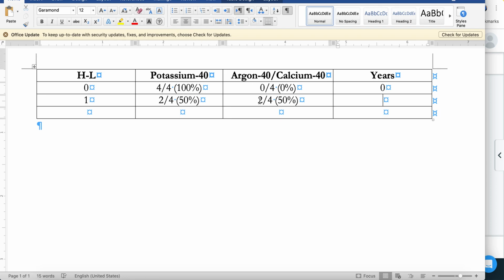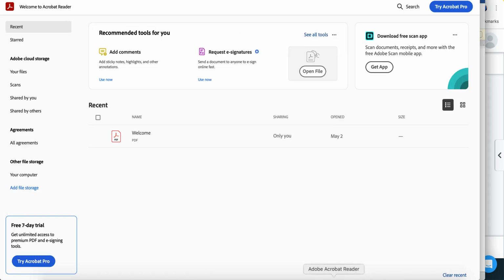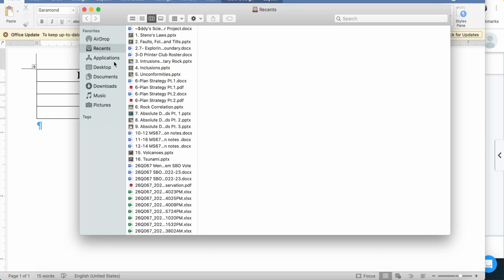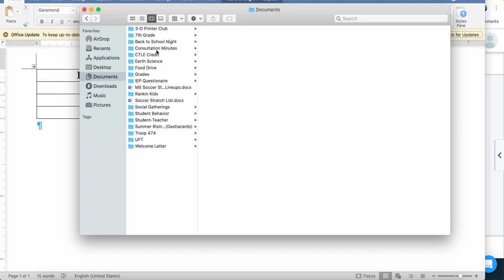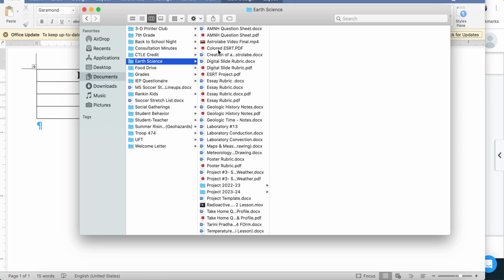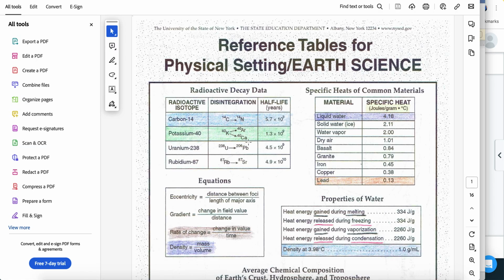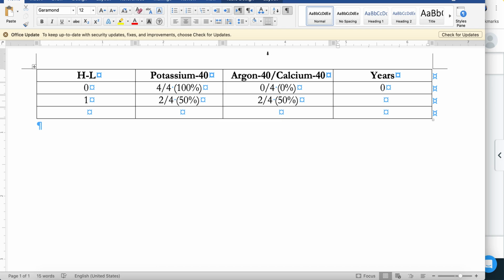This is potassium-40. Potassium-40 is here. It's roughly 1.3 times 10 to the 9th years, so it's 1,300,000,000 years.